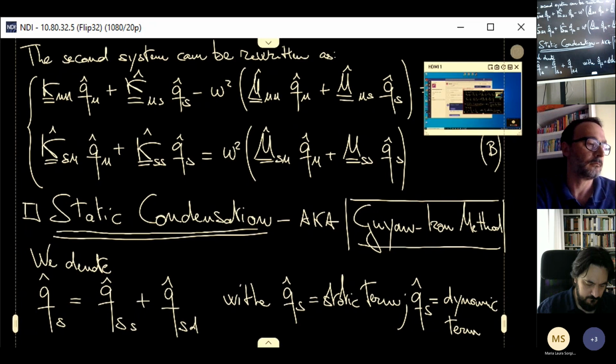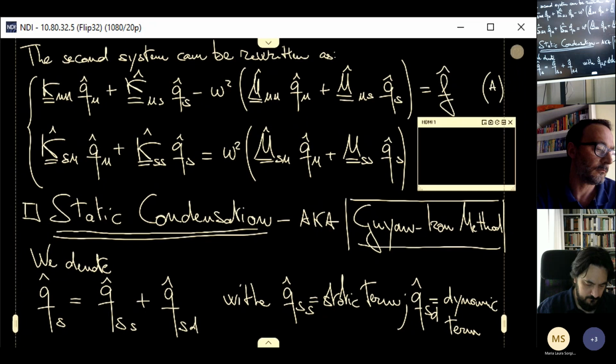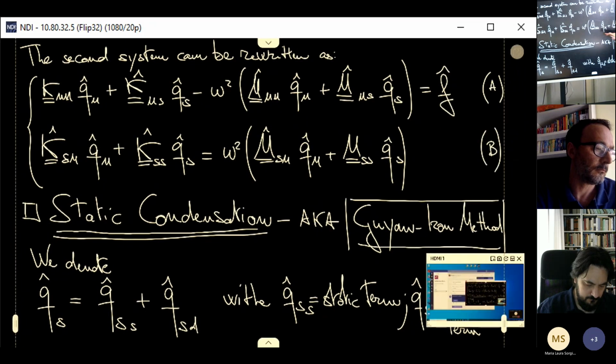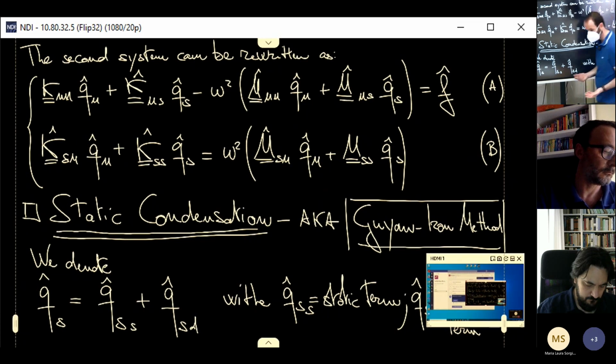Now, if Q_SS is the static term, what we can try to do to derive it is rewrite equation B here with an omega equal to 0. If we put omega here equal to 0 in equation B, it means that we are in the static case, no? Let's do it. And let's see what is the value in that case for Q_S.